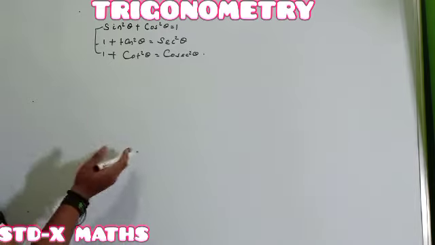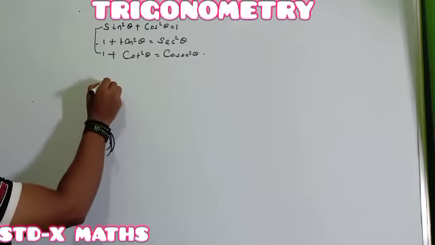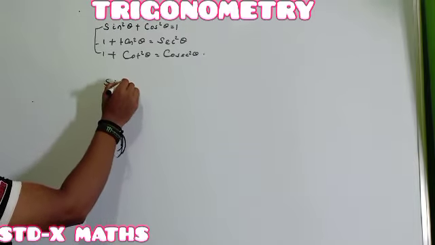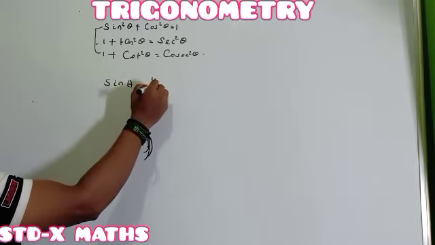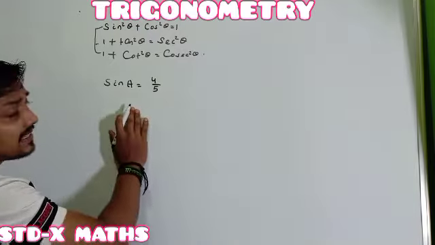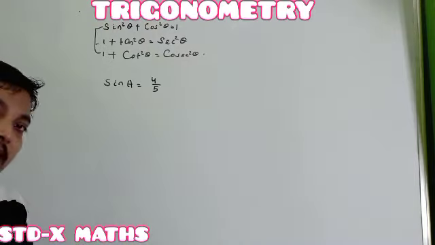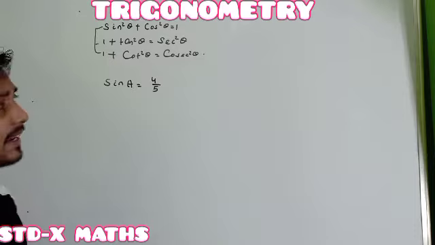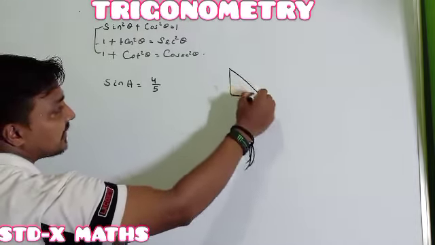Remember, at the last I said to you, suppose it is given that sin A is 4 by 5. You have to find out cos, tan, or any of the trigonometric ratios. So whenever one trigonometric ratio is given, how do we find the other trigonometric ratios? For that I did a discussion like this.